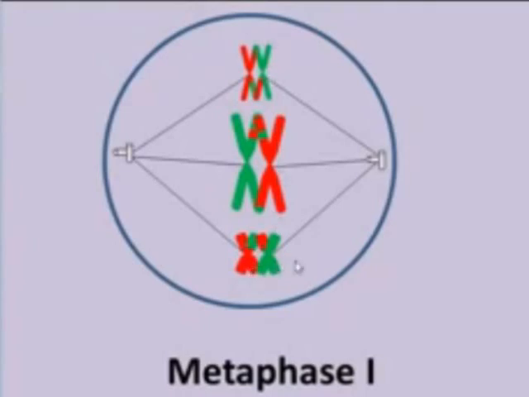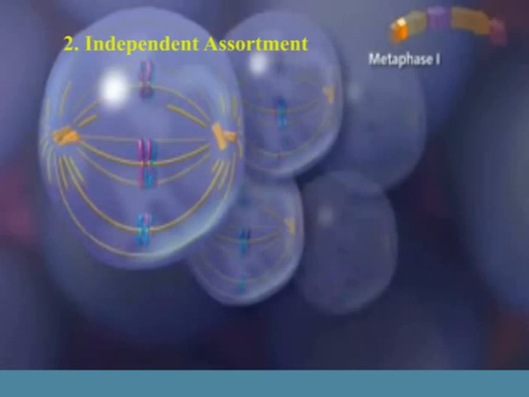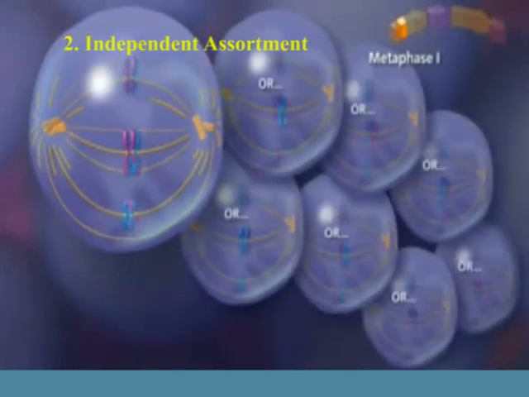No, the arrangement is random. So if a cell has 3 bivalents, the possible combinations are many, leading to genetic diversity. So imagine 23 pairs of chromosomes in humans. How many possible combinations? Inconceivable.